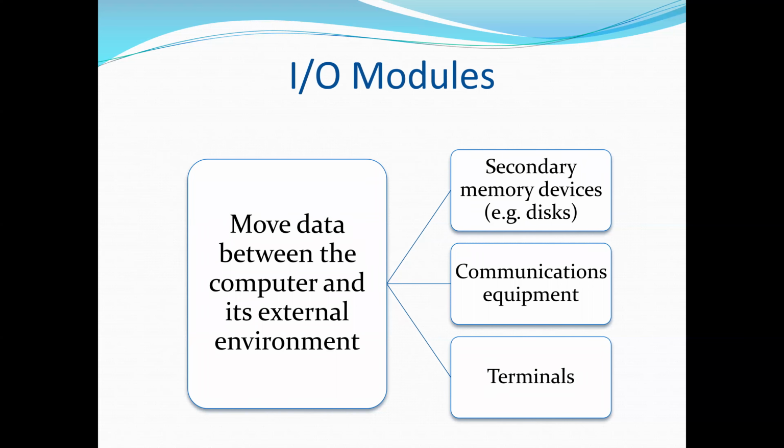I want to display the result that I got from the computer after finishing execution. This result must go through an output device. Examples of output devices are the monitor, the printer, or the speaker. That's why we say the I/O modules move data between the computer and its external environment. The external environment can include both the input and output devices.